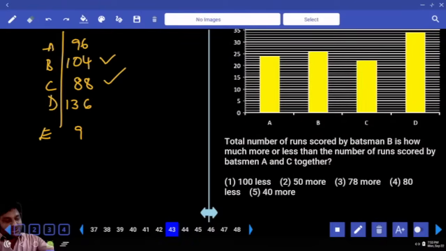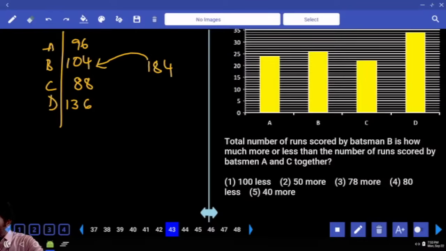Total number of runs scored by batsman B is how much percent more or less than the number of runs scored by A and C together? A and C together. To make the first number a round figure, we need 4. Take 4 from 88. How much is left over? 84. 184. With respect to 184, the runs scored by B are 104.